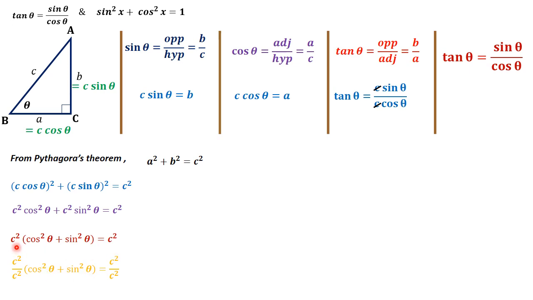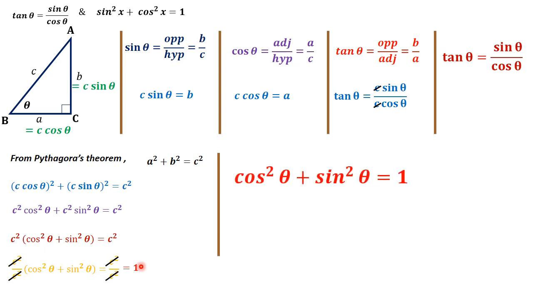And we can divide both sides by c squared. So we divide this by c squared and also this other one by c squared, and that gives us 1. Before the equal sign, we remain with cos squared theta plus sin squared theta. After the equal sign, we are only left with 1, and that gives us the identity that I needed to emphasize.